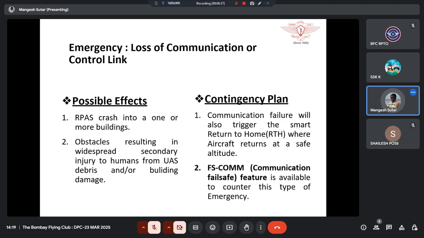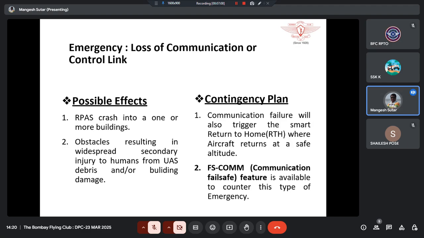The moment the drone software, the flight controller, knows that it is not able to get the signal or inputs from the RC, it knows that it has lost control with the RC. So there is an algorithm written into the flight controller such that it will try a couple of times to check whether it is receiving a signal from the RC or not.